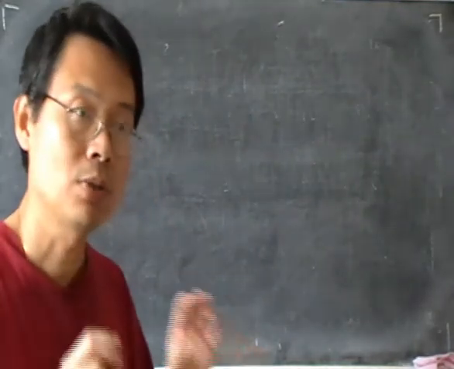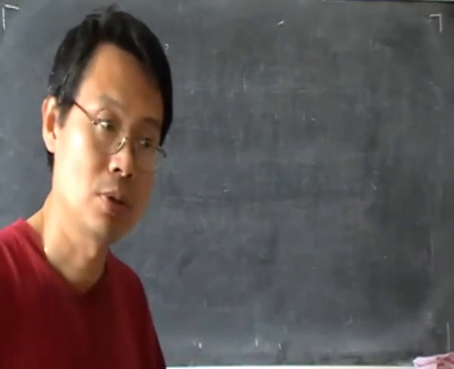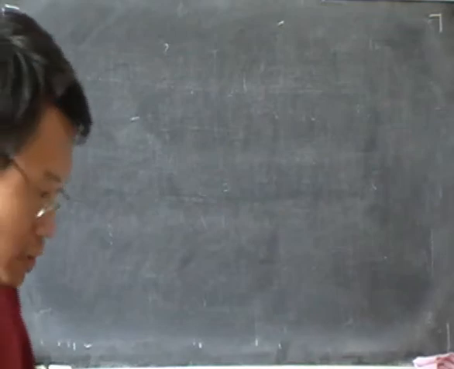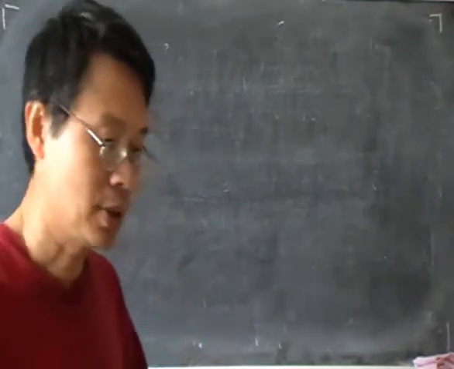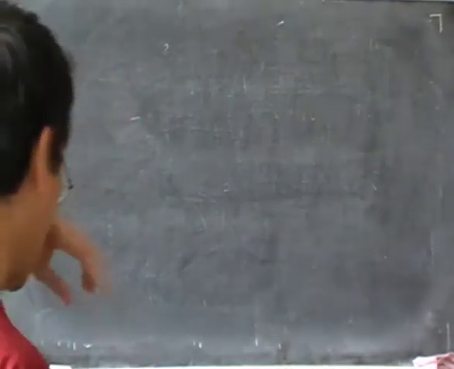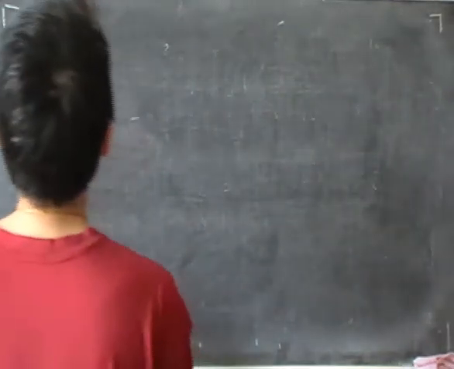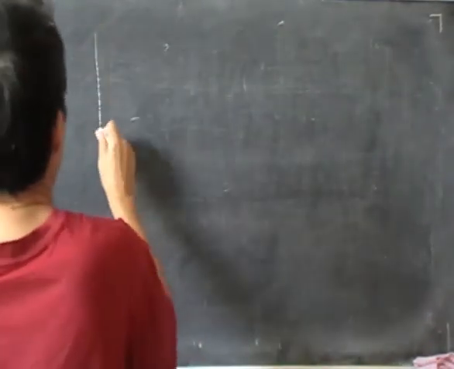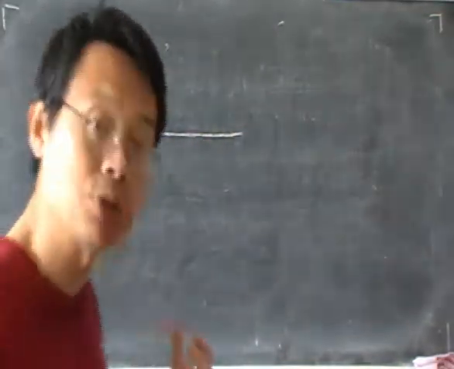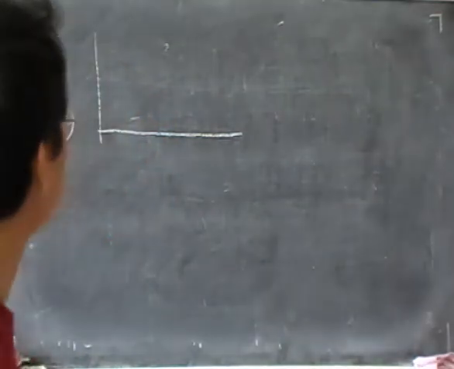But this integral is difficult to integrate. So instead of doing this integral directly, there's another way we can estimate the total energy and the heat capacity of the electrons.